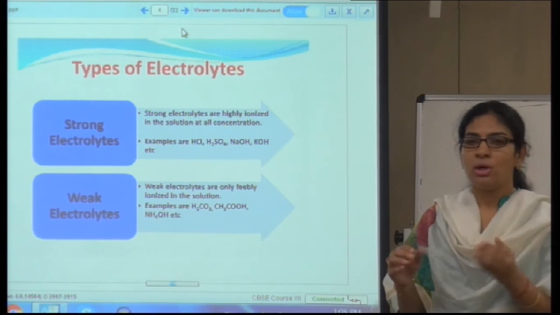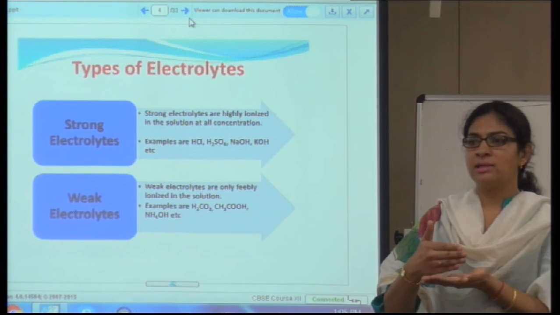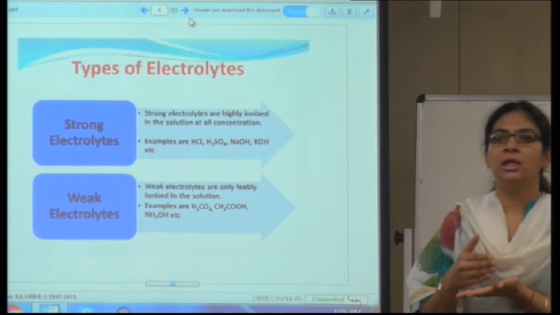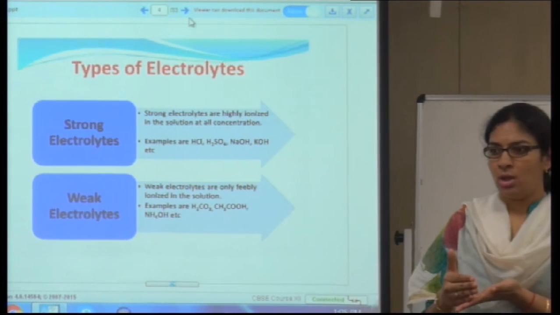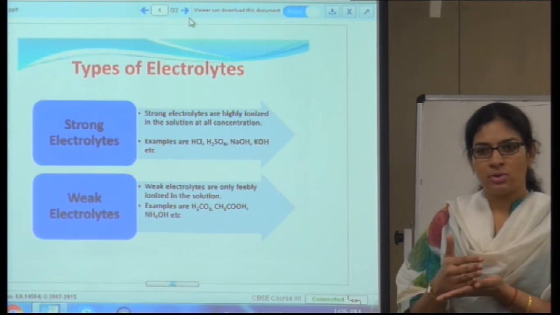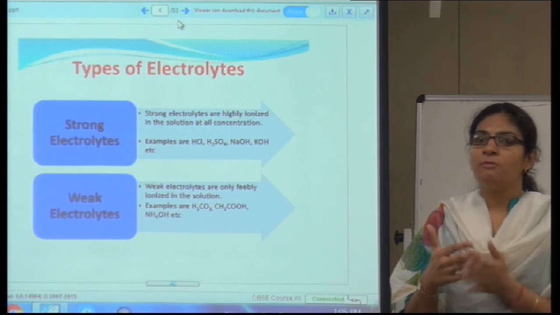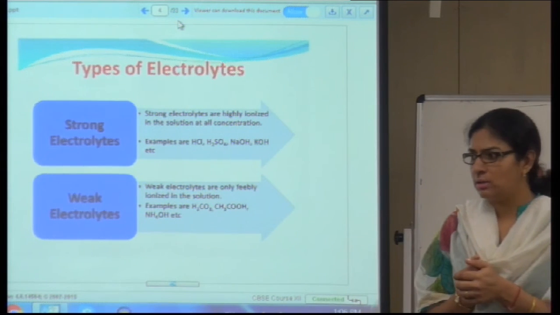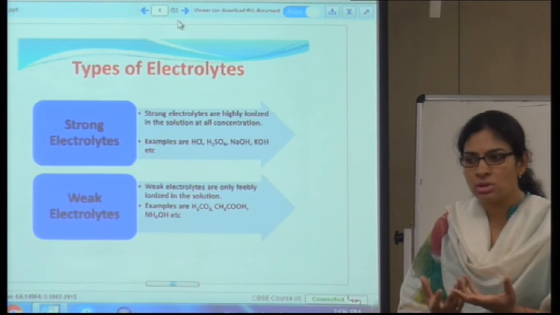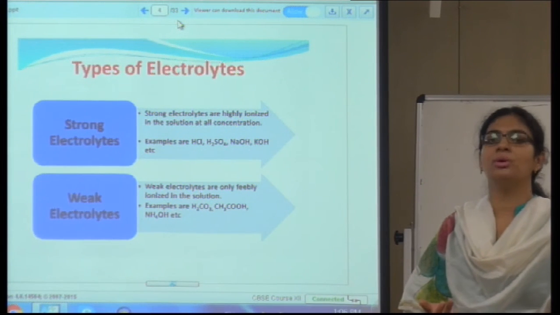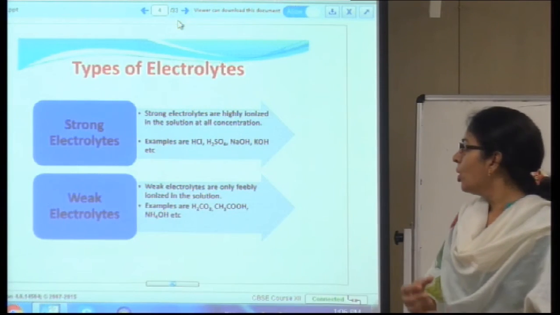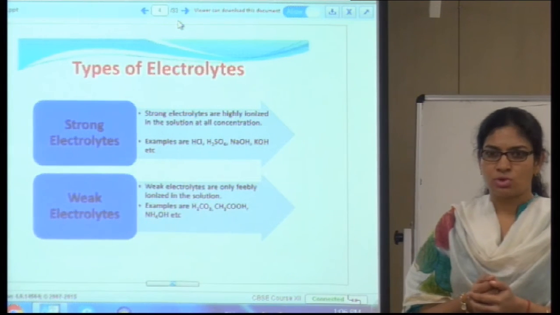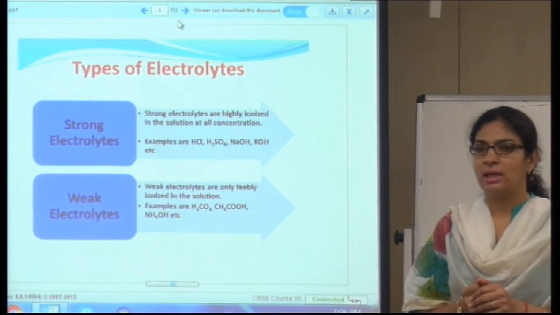So on the basis of their extent of decomposition, or their degree of ionization, that is, to which extent they can form ions or dissociate, we call it degree of dissociation also, degree of ionization also. On the basis of that, they are divided mainly into two types: strong electrolytes and weak electrolytes.